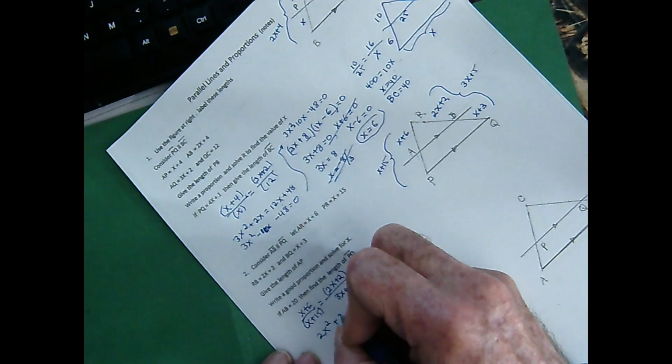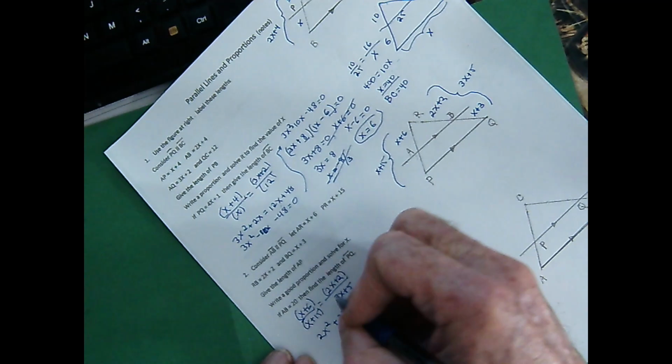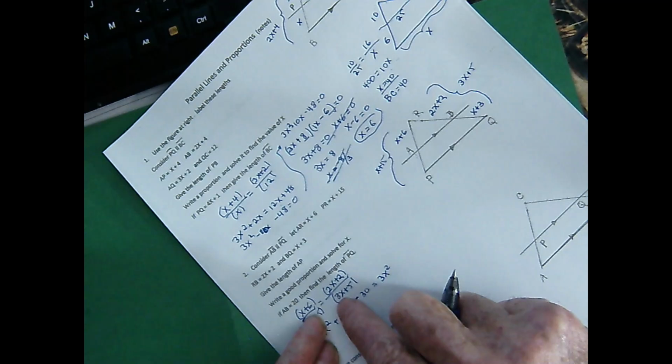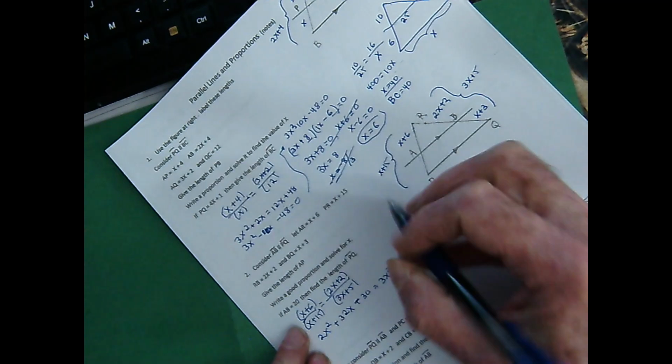The product of the extremes coming now. First times first, 3x squared. Outside terms give me 5x. Inside terms give me 30x, excuse me, 18x. I'm looking at other things. 18x and 5x, there's 23x, huh? And last times last, 30.